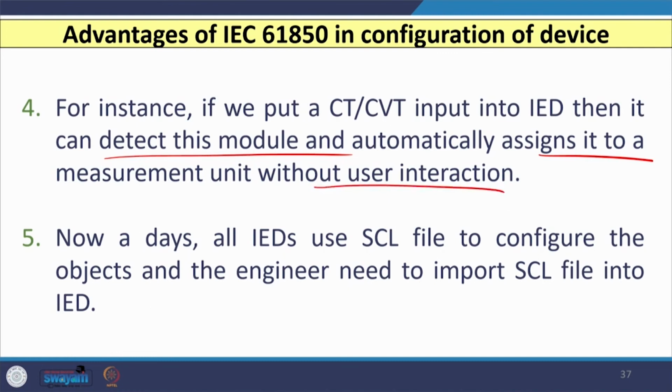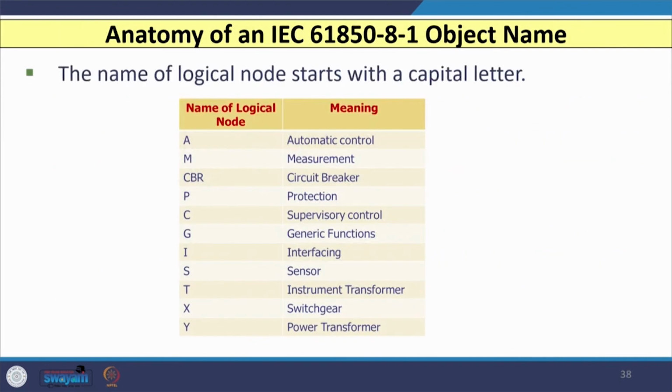Nowadays in all IEDs, you simply configure the objects, and the engineer only has to import the SCL file into the IED. If this file is imported into the IED, then it can be automatically configured.